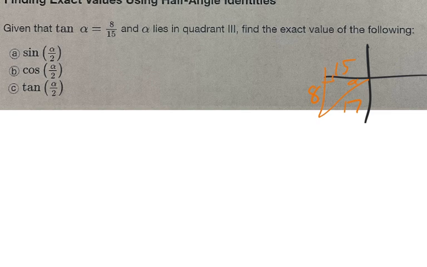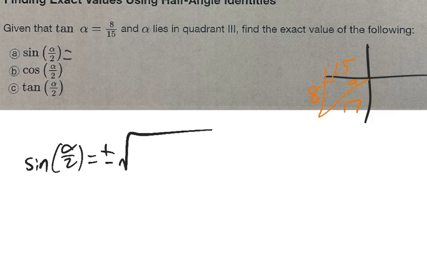So, there's my triangle for alpha. Well, what if I need to find sine of alpha over 2? I'm going to use the formula, which would be plus or minus the square root of 1 minus cosine alpha over 2.